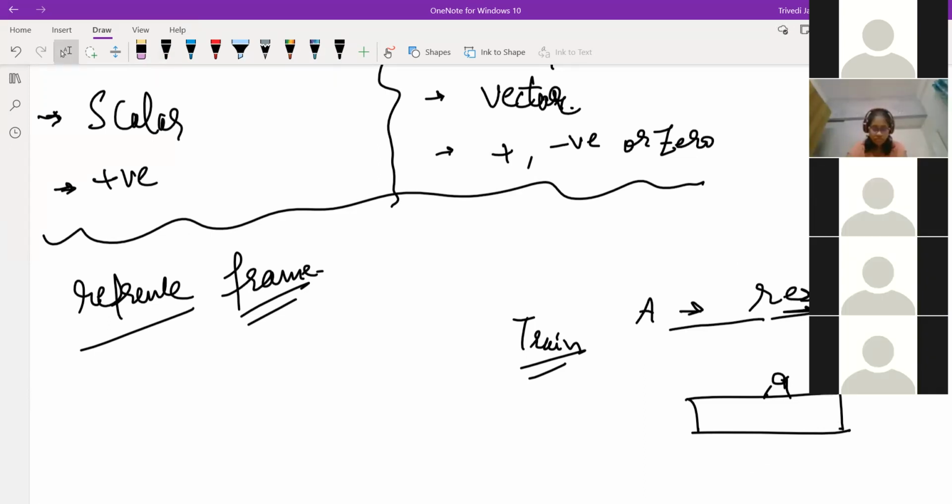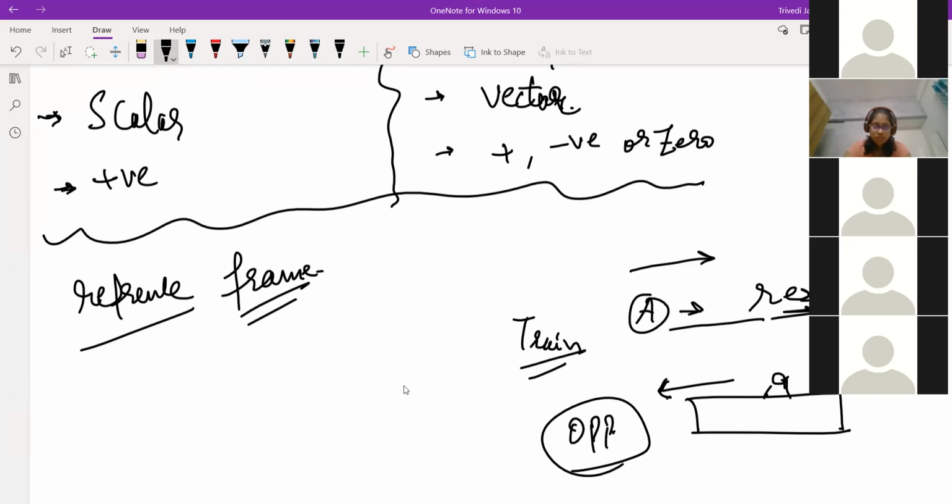Sir, it's moving in the same direction. No, think again. See, the train is moving in this direction, then obviously B will appear to move opposite. Imagine if you are sitting inside the train, what will you think of the person standing on the platform? They are moving in the backward direction, right? Yes, sir, we will observe the opposite direction. That means they are facing what? Negative displacement.